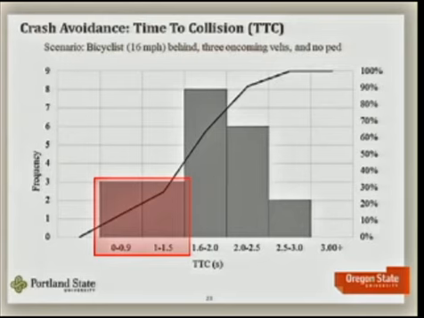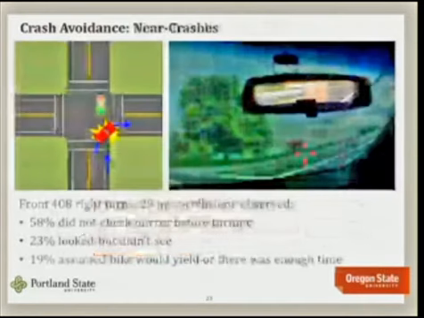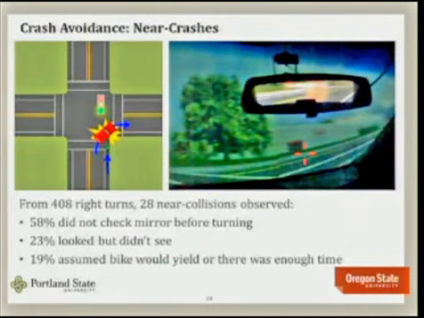So we dug into these near collisions in a little bit more detail. There were 408 right turns, and we had 28 near collisions observed. The risk factors were pretty similar to the data from the actual collisions.